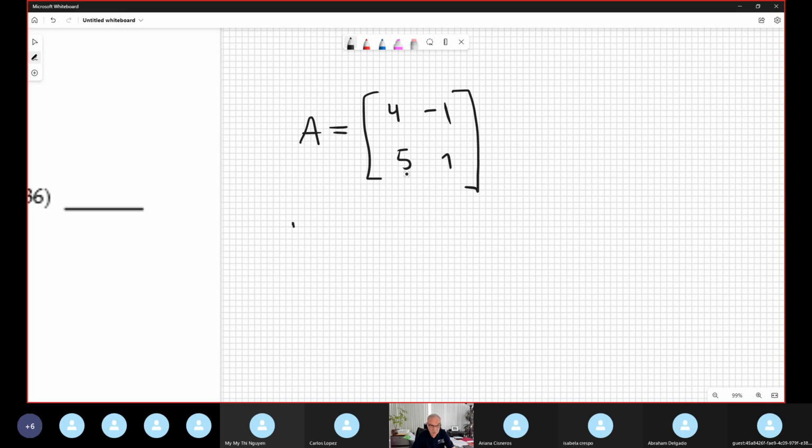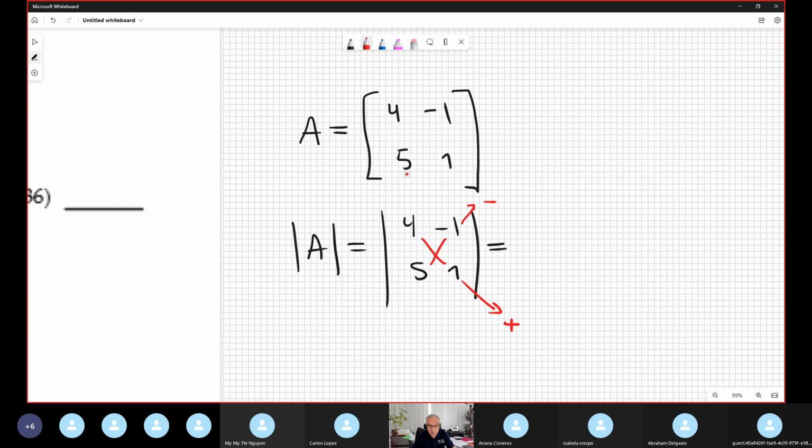First of all, you compute the determinant of this. The determinant of 4, -1, 5, 1 is, remember, multiplication of this and this, plus, and multiplication of this and this, minus. It's obvious: 4 times 1 is 4, plus, double minus is plus 5, so 9.